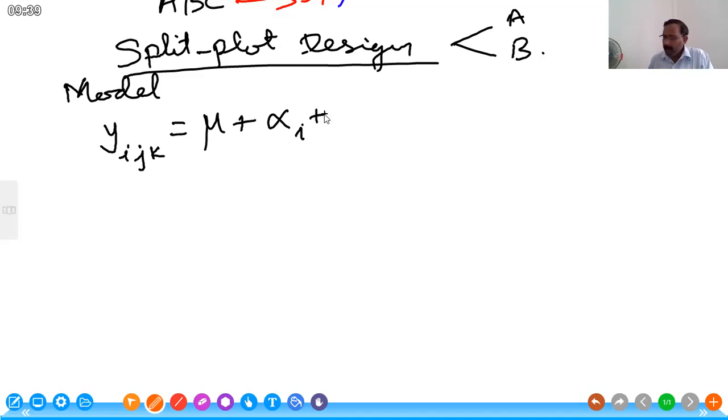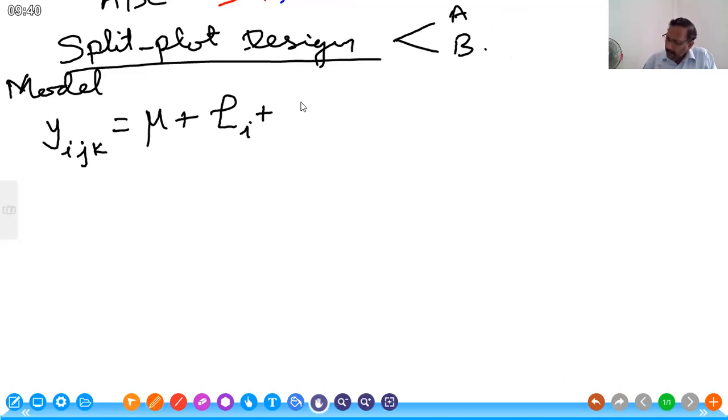I will take alpha beta, yes, tau i plus the alpha i j plus w i j plus, a bit complicated this, as we said, compared to the earlier designs.